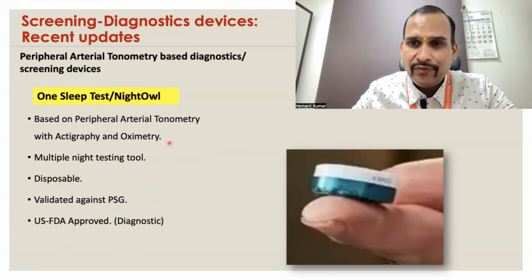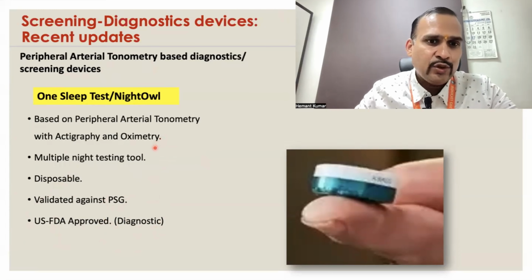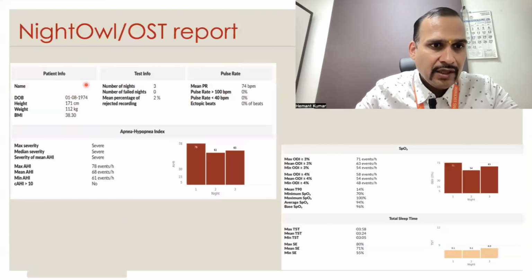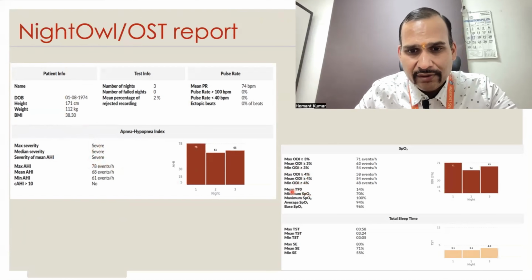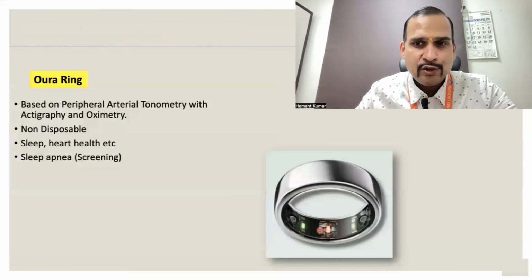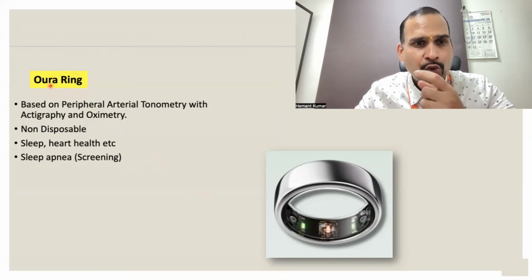So this machine can tell you AHI and oxygen, but works on the peripheral arterial tonometry principle.